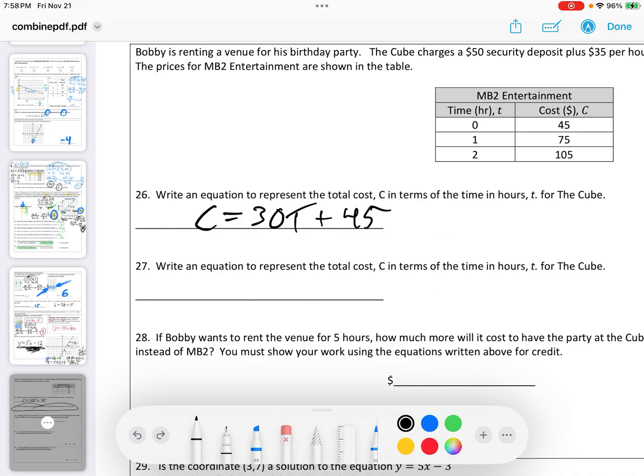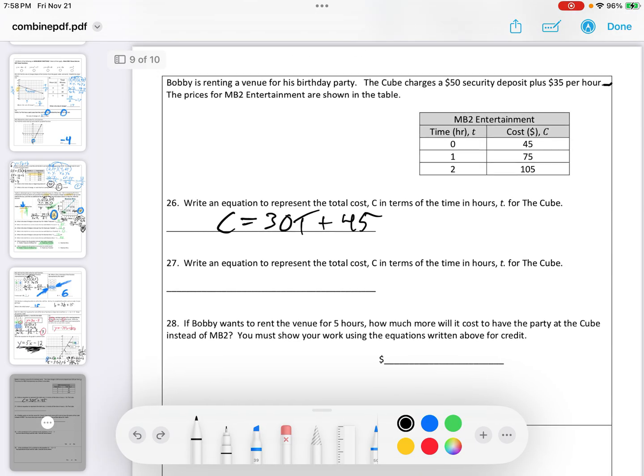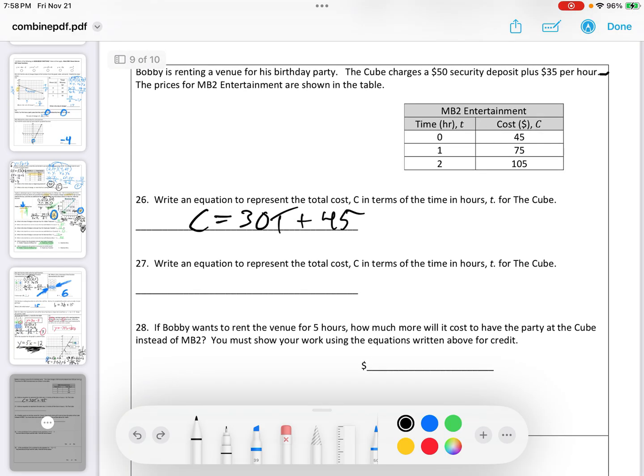Somebody made a typo there. Oh, I see what they wanted. They meant to do the Cube first and then MB2. So actually, this answer here was for the table.